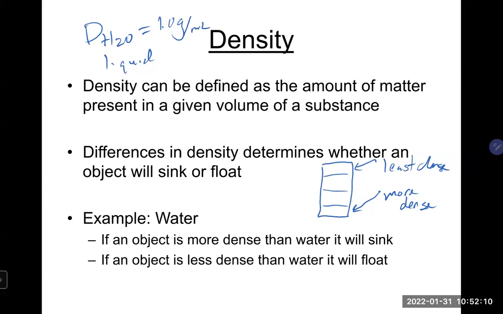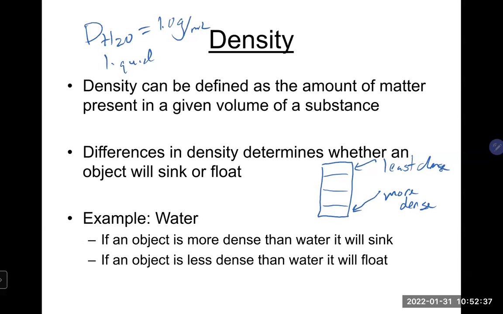So if the temperature changes, so does the density value. But if you're doing a problem and you need to use the value for the density of water, it's almost a safe bet just to use 1 gram per milliliter, unless it specifically says something about temperature, and then you should probably find the appropriate value for it.